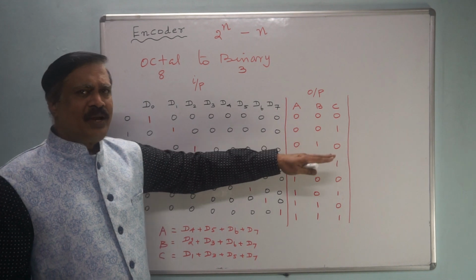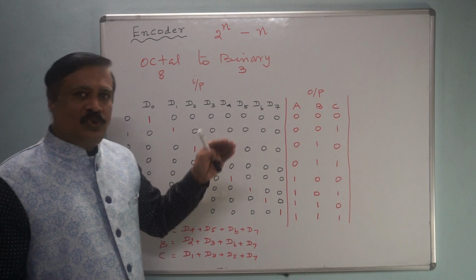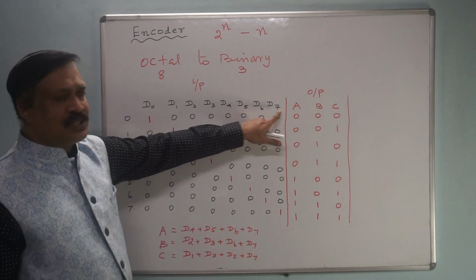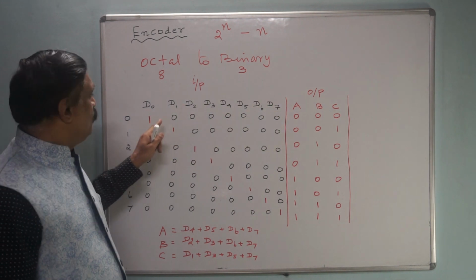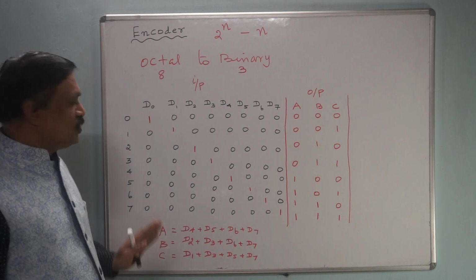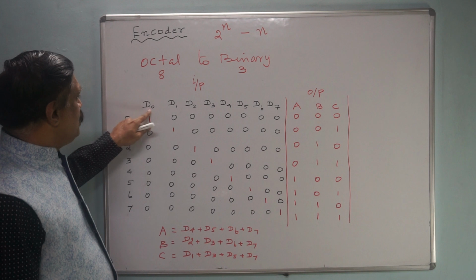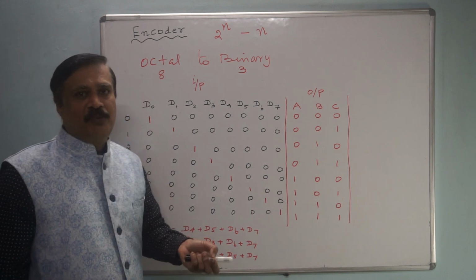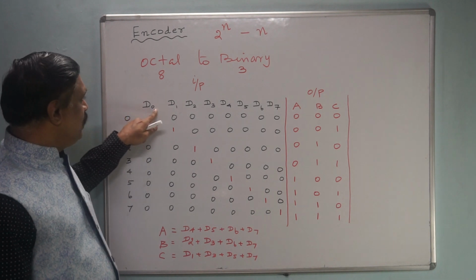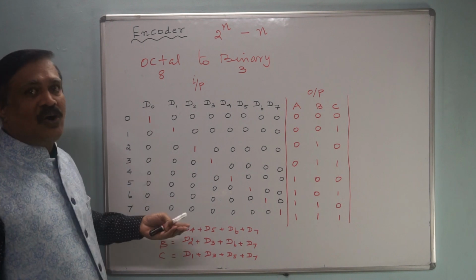Okay, understand? Here octal number is there. Octal number means 0 to 7. Total 8. Here D0 to D7. These are all the inputs. Here I have also given the decimal number, but it is not required. To understand, I have given this. Now 0 means D0 will be the input for that. D0 means this is 0 in decimal, or you can say octal also.